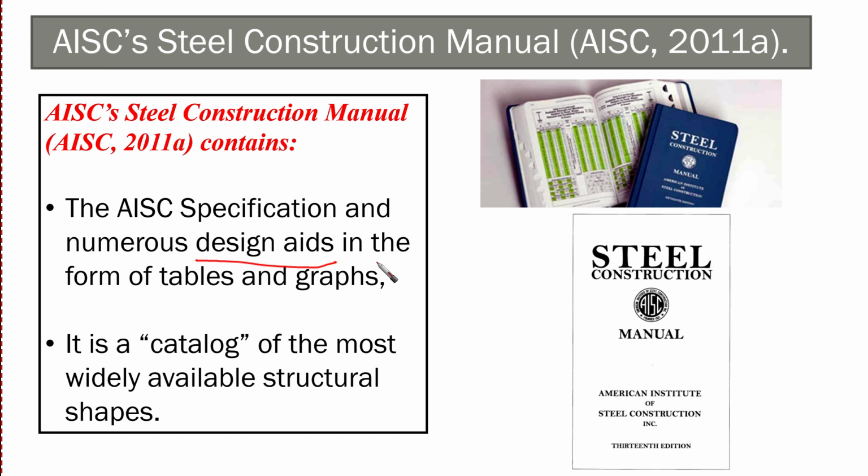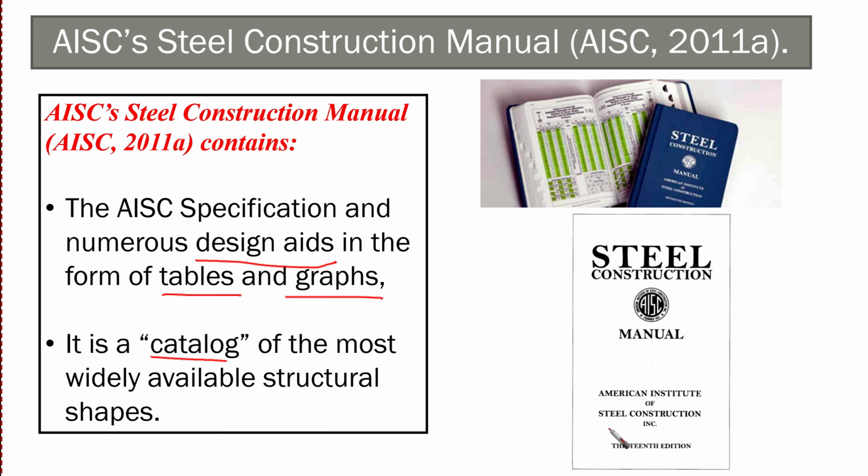At the same time, they are very easy to use tables or graphs, and very informative regarding the shapes and details of the cross sections and so on. So it is considered like a catalog of the most widely available structural shapes.